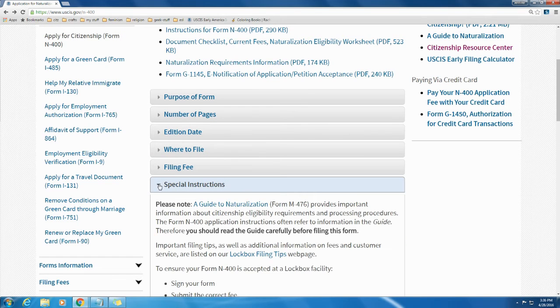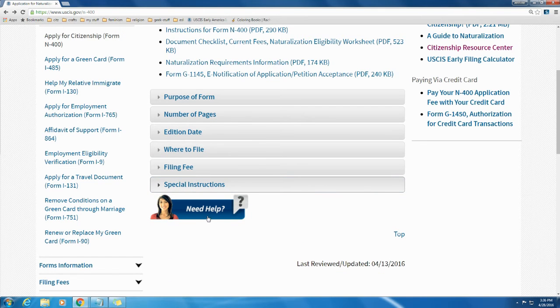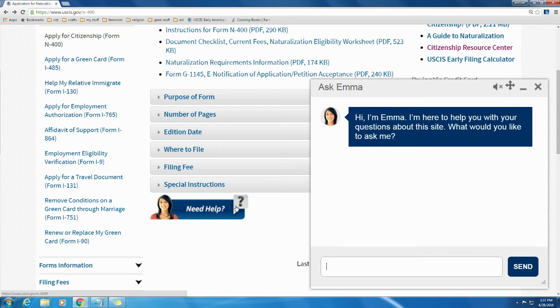And if you have any special instructions. Here you're going to see a new icon. This is the USCIS virtual assistant called Emma. Here you can ask a question. I'm going to say, how do I study for the test?